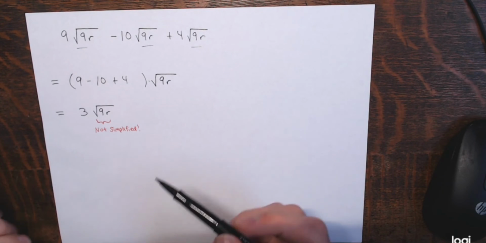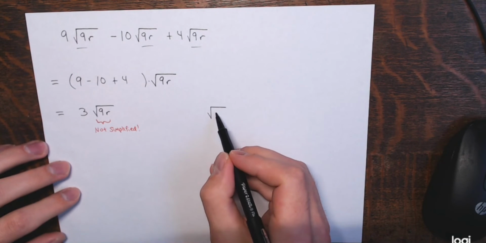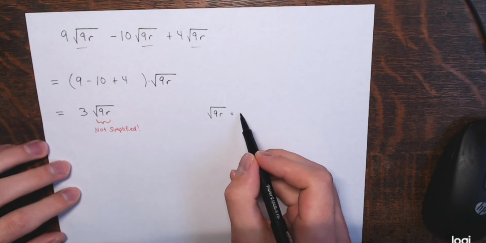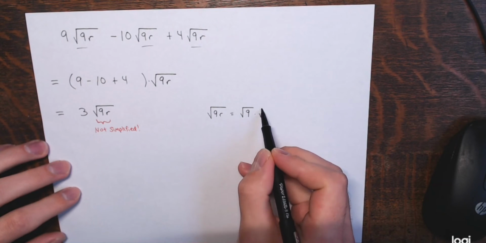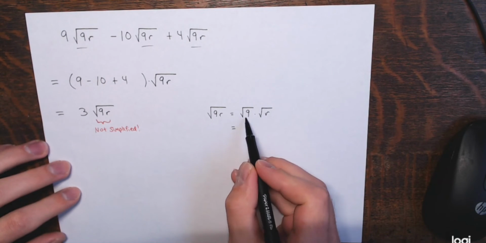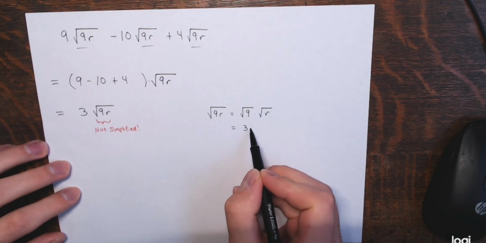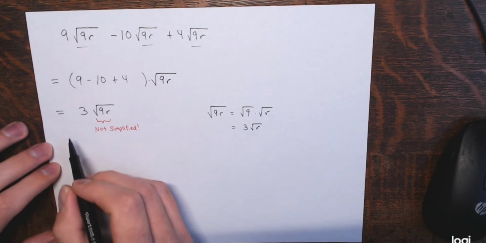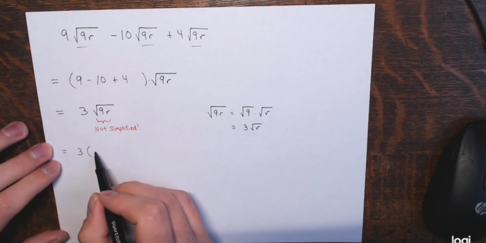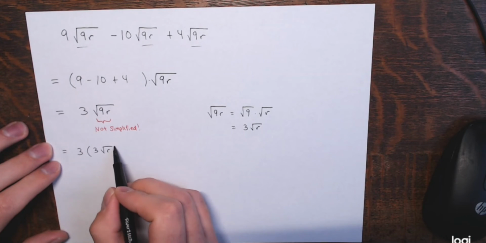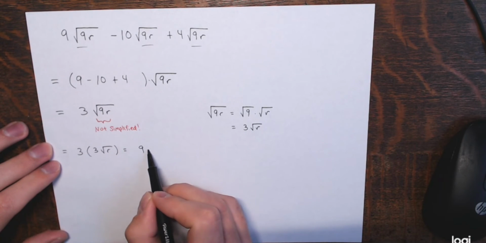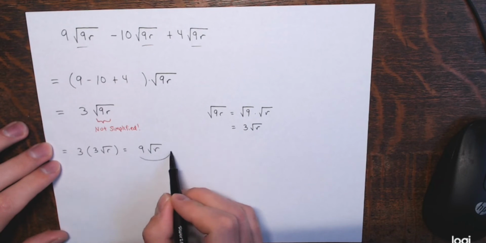Off to the side here, the square root of 9r, I can just break up into the square root of 9 times the square root of r. Right, and the square root of 9 is 3. So what we have here is 3 times the square root of r, which would be 9 times the square root of r. And that's as simple as that's getting, right?